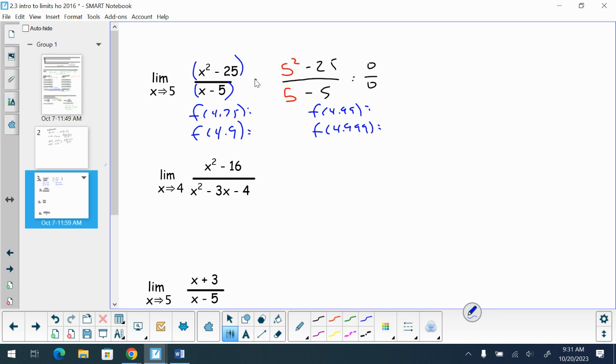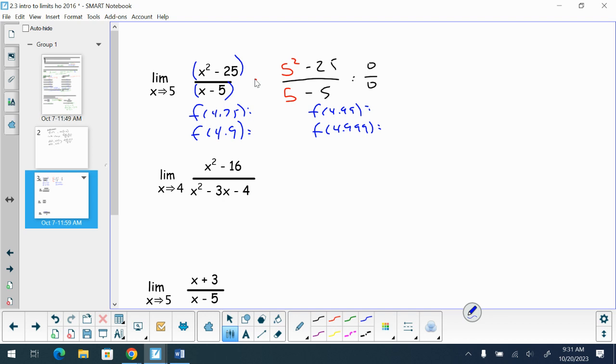Well, if we do that, once again, this goes back to our fundamental ideas and definition of limits. What do we get closer to? 4.75, 4.9, 4.99, 4.999, and we get closer and closer to the value of 10.